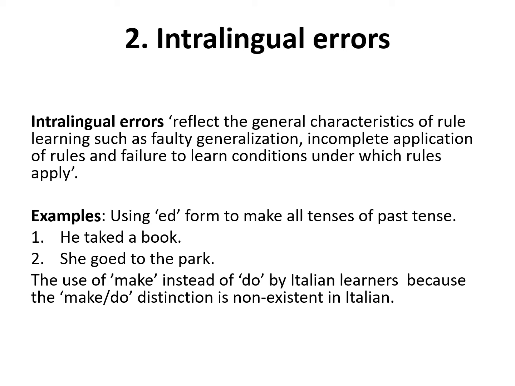Because of learning that rule to construct the past tense, he would apply it in each and every sentence, like he take the book rather than took a book, and she go to the park rather than she went to the park. So it's confusion about applying already learned principles or rules to make more sentences or more forms of the word.